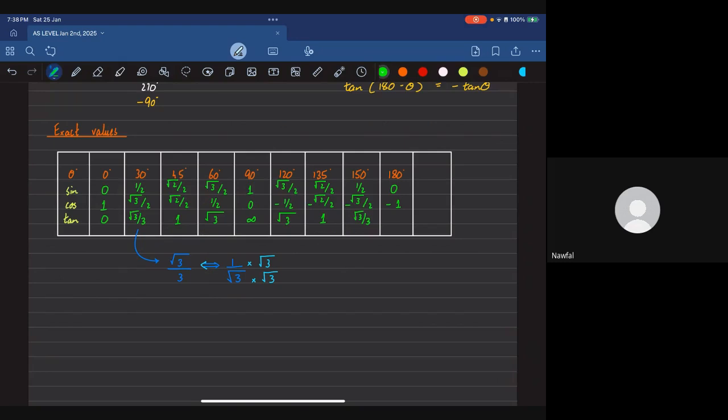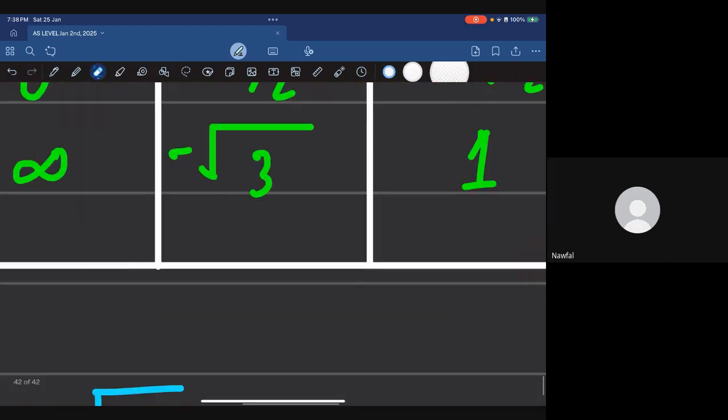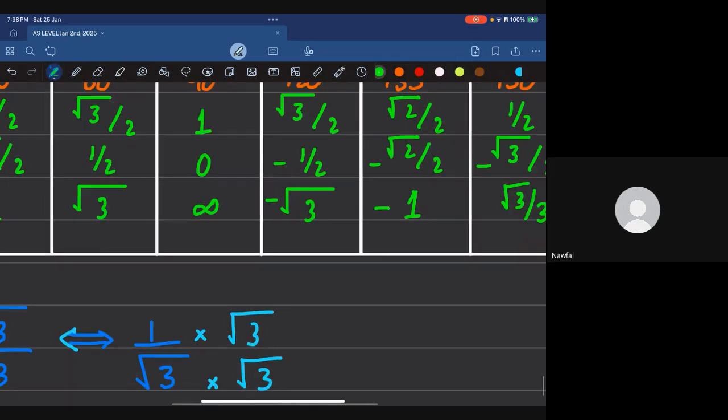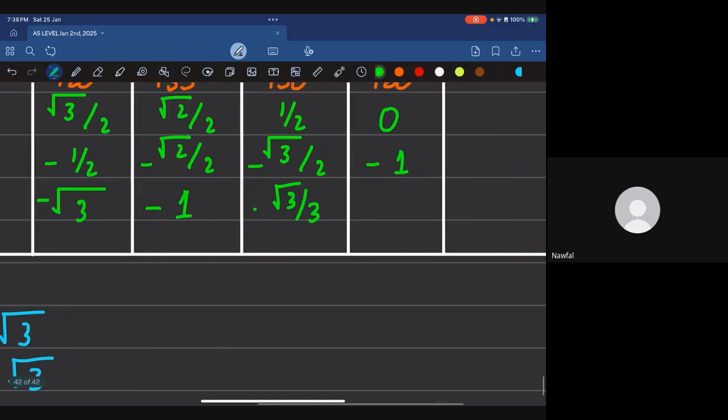But now you're going to again have negative, negative, negative, and lastly, 0.